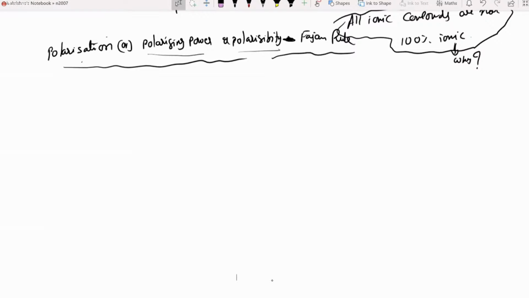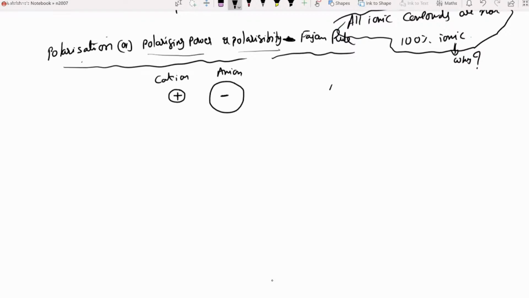Polarizing power and polarizability. Let us say here is a cation and here is an anion.